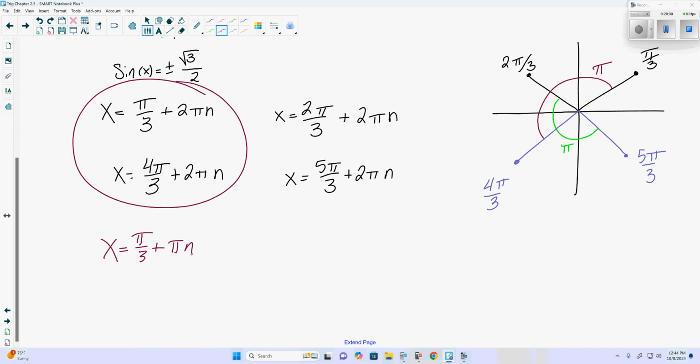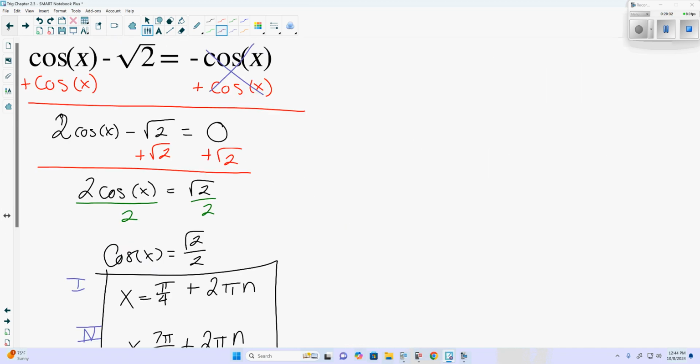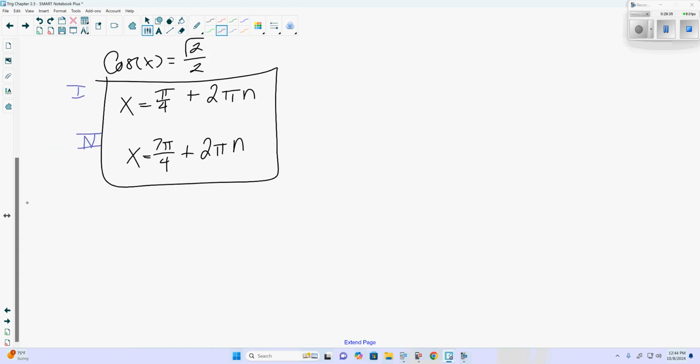Now the question is, why didn't we do it on the previous one, like this one here? Well, these two are in the first and fourth quadrants, yes? So if I wanted to go from pi over 4 to 7 pi over 4, we'd have to add 3 pi over 2 to go from here to here. Well, that's fine.